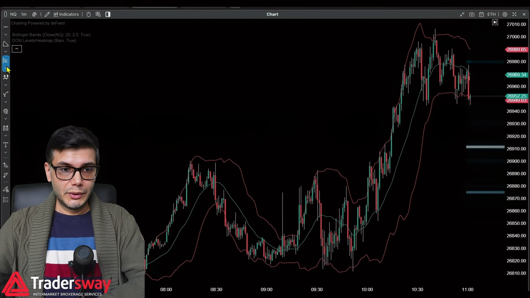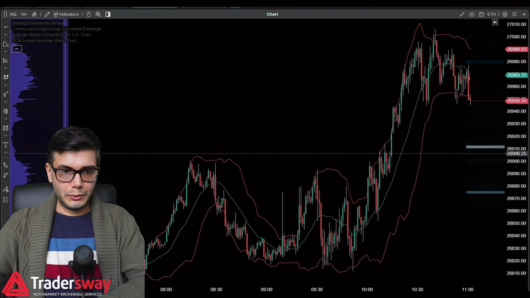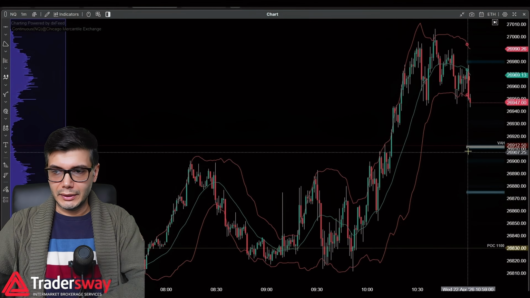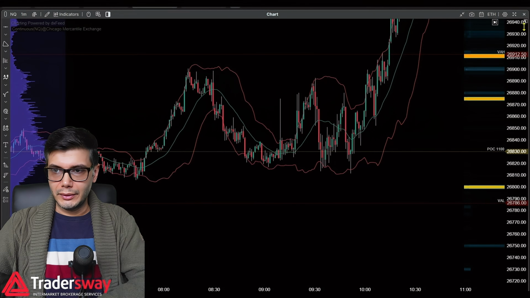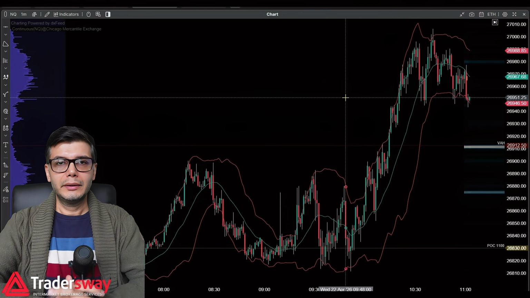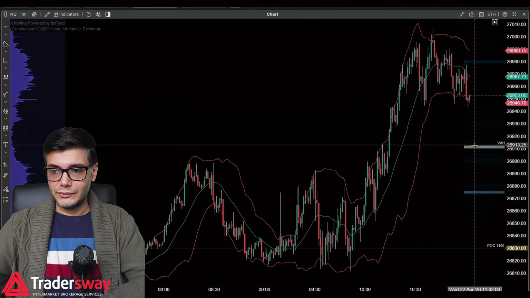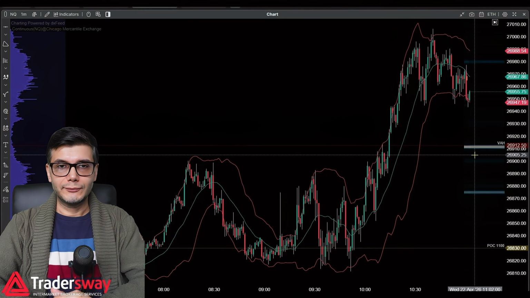First and foremost, I always use the fixed volume profile right there, and I would like to set it for today, which is the current day. I extend the lines to see the value area high, point of control, and the value area low. In this case, $26,912 is the support.